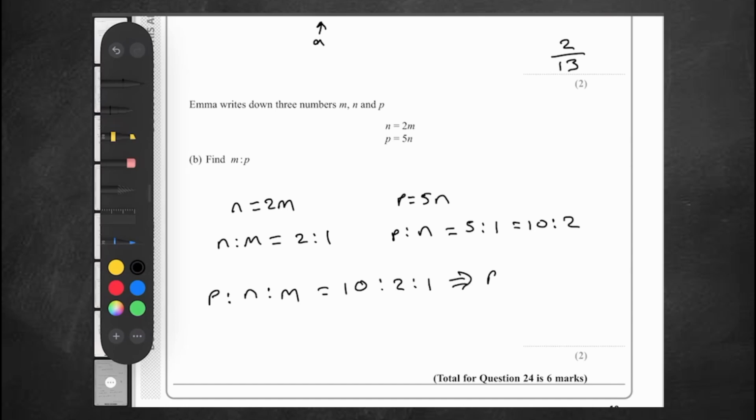Therefore, P to M, if we just take the N out of the equation, is 10 to 1. And the question is asking M to P, which would just be 1 to 10.